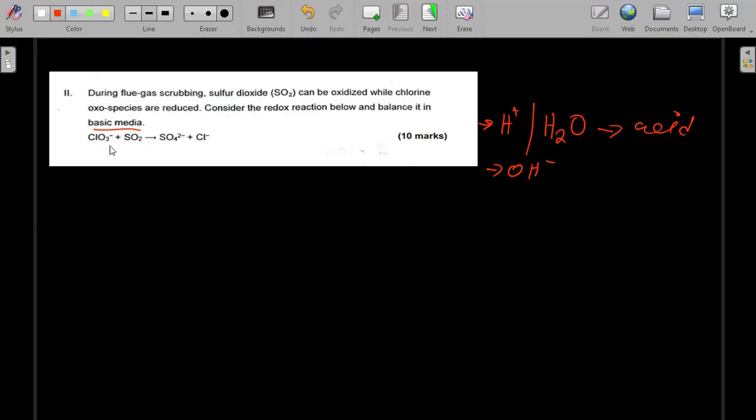So if we assign the oxidation numbers here, you notice that the oxidation number for sulfur in sulfur dioxide is positive 4.